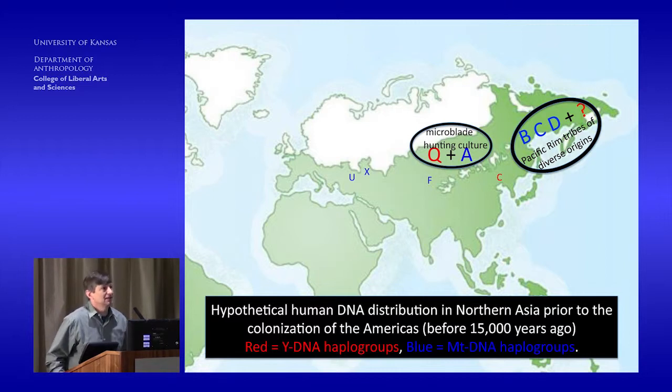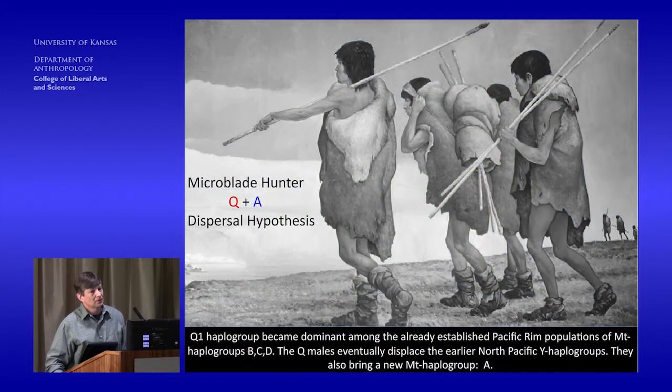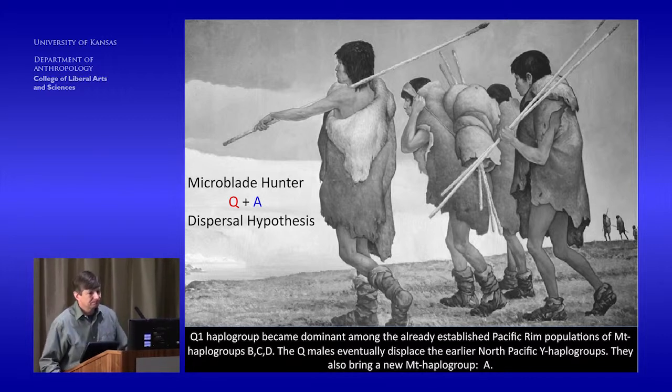My hypothesis is that a predominant male haplotype was Q, one of the varieties of Q, and the predominant female haplotype was A. The various clades of B, C, D mitochondrial DNA haplotypes probably were already present in the Pacific Rim area before the entry into the Americas and before the spread of this microblade hunting culture. What were the male haplotypes that went along with that before the spread of this Dyuktai culture? We don't know, because they got supplanted.